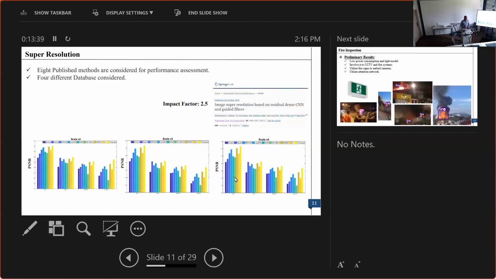That algorithm got published in the journal Multimedia Tools and Applications, which also belongs to Springer, and it has an impact factor of 2.5. In that paper, I compared with 8 published methods, and I also did several experiments using 4 different datasets.